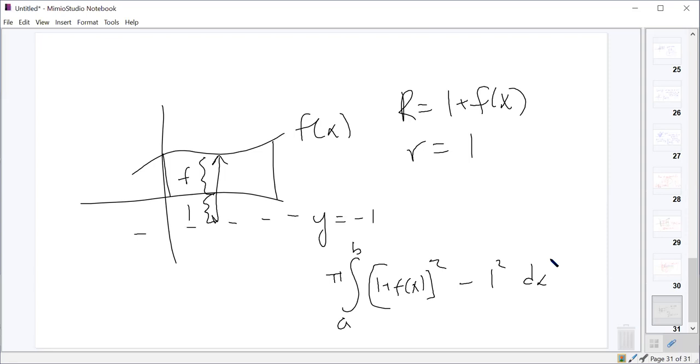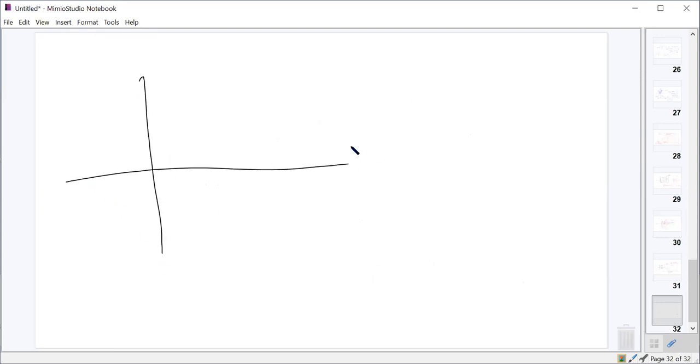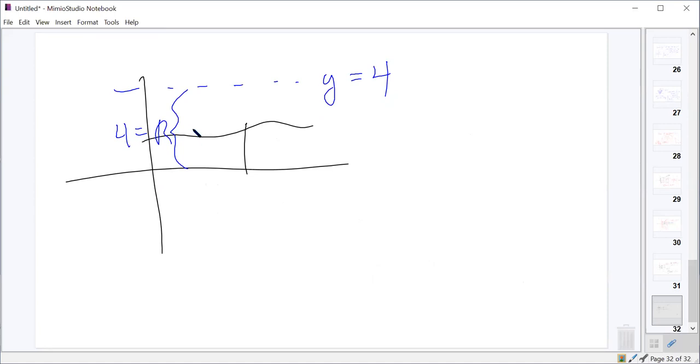Good. Great. Now, if we were to take this section right here from a to b, but revolve it around something that was above that region, we'd have to be careful and note that our outer radius is now 4, and our inner radius has to be the full 4 minus that f of x.